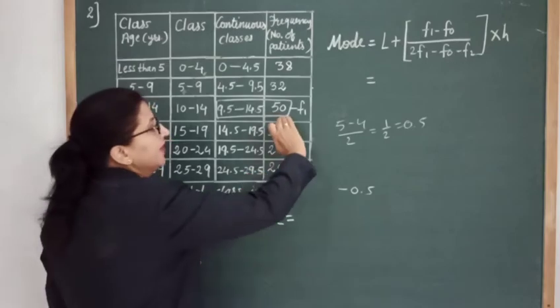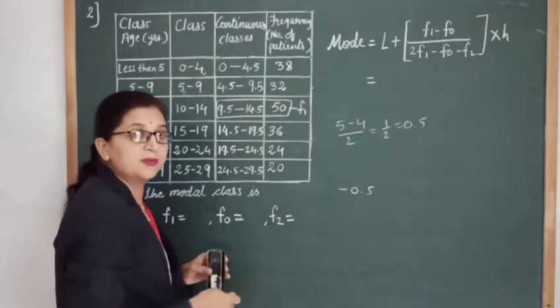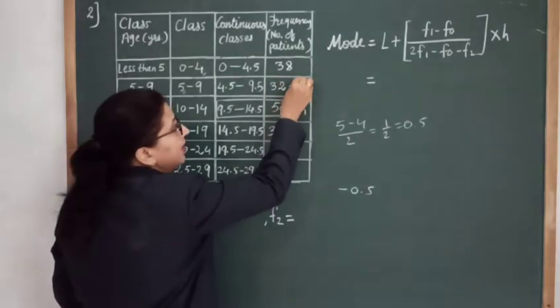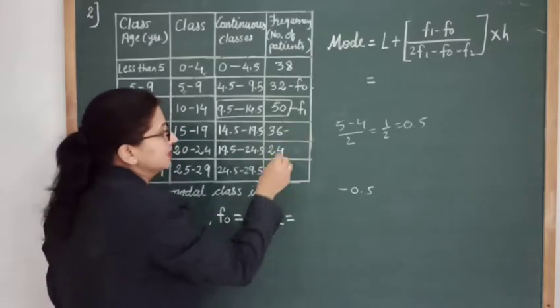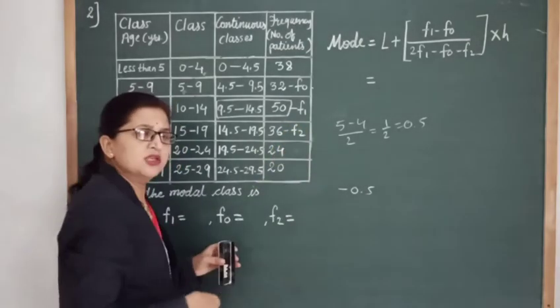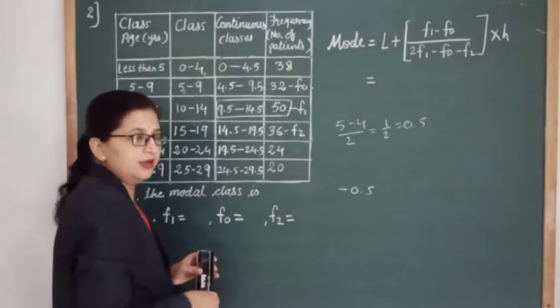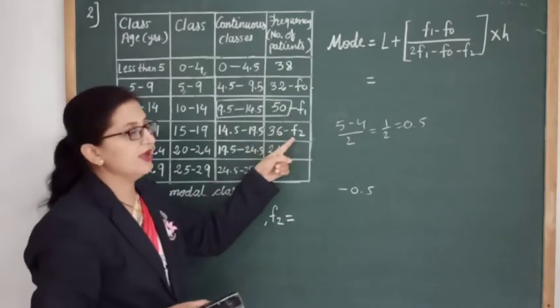Okay, and frequency of the previous class or preceding to the modal class, that is the F0, and succeeding to the modal class is the F2. Okay, so just keep the sequence in the mind, 0, 1, 2. Okay, so in this way these are the values of F0, F1, F2.